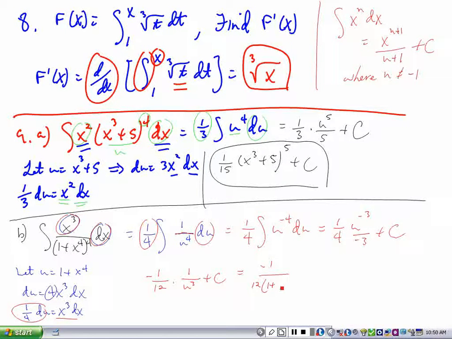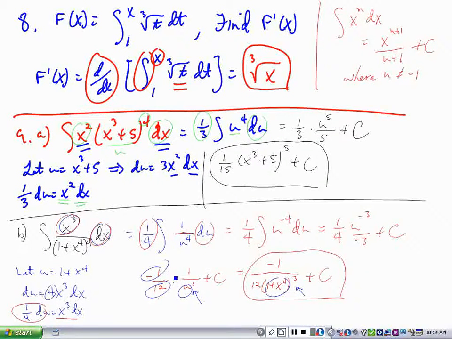U is 1 plus x to the 4th, and that's raised to the 3rd power plus c. Again, u is this guy, right? 1 plus x to the 4th, and it's raised to the 3rd power. Put it there. Then you got the -1 up top, and you have the 12 downstairs.